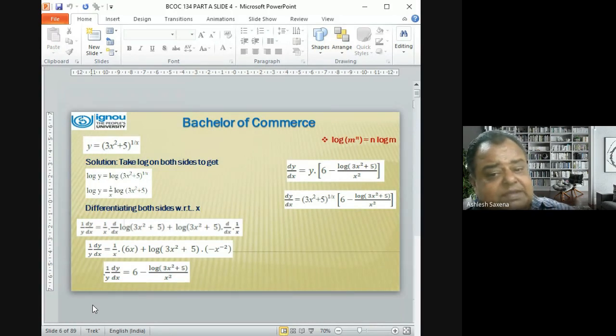We can replace this y with this. So straight away we will be replacing over here. So we will get dy by dx is equal to (3x square plus 5) raised to the power 1 by x times (6 minus log (3x square plus 5)) by x square. This is our differentiation by logarithmic methods.